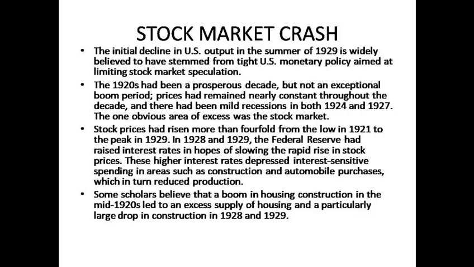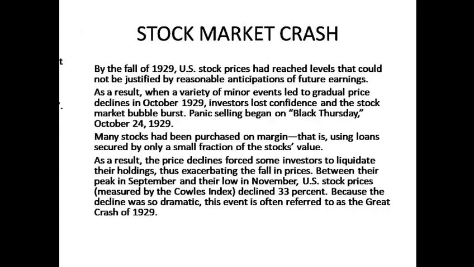In 1928 and 29, the Federal Reserve, which is the central bank, raised interest rates in the hope of lowering stock prices. With higher interest rates, interest-sensitive spending areas reduced their production. Various scholars also believe that the boom in housing construction in the mid 1920s gave an excess supply of housing, and construction dropped particularly in 1928 and 29.